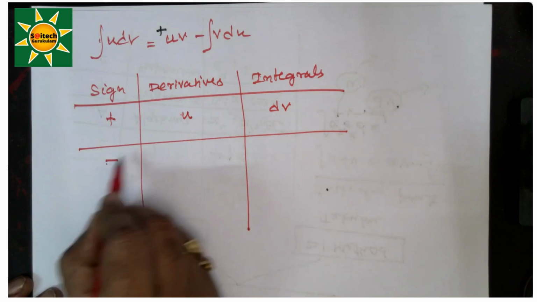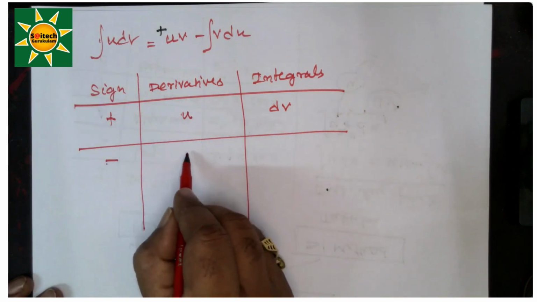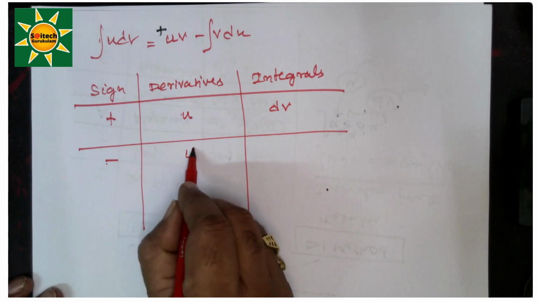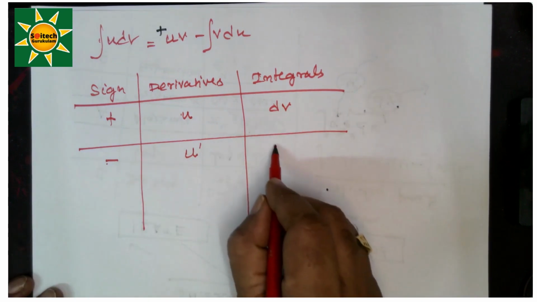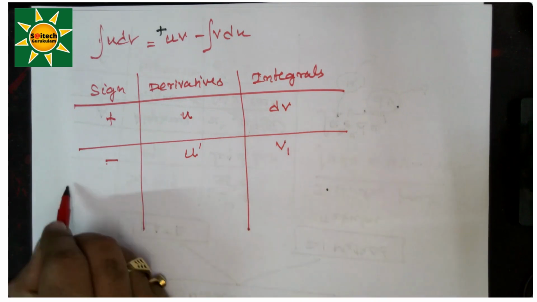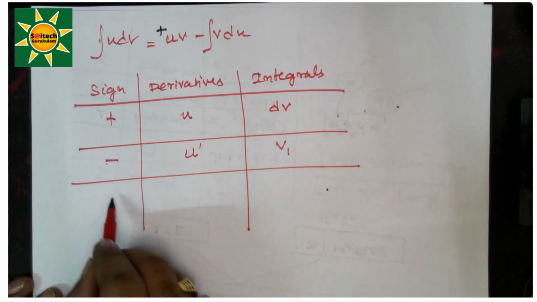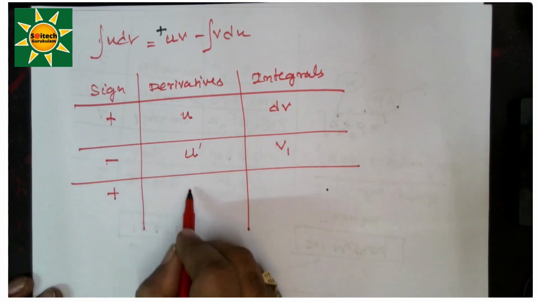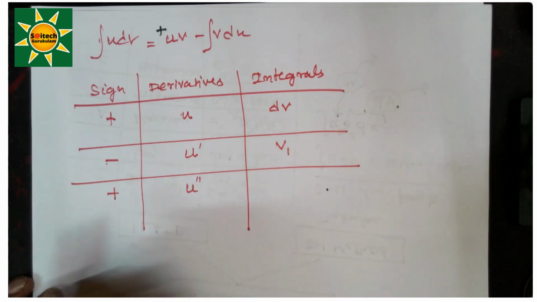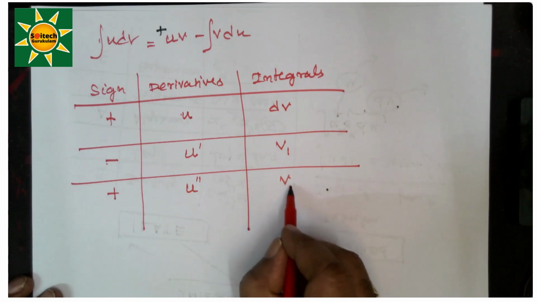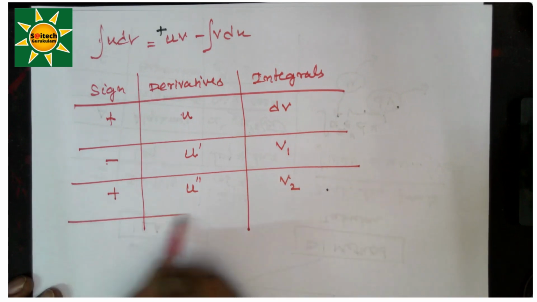And if it is minus, now you have to differentiate this, first order differentiation, and this is the first integration, first level integration, and put plus, and this is the second order differentiation, and here second level integration.